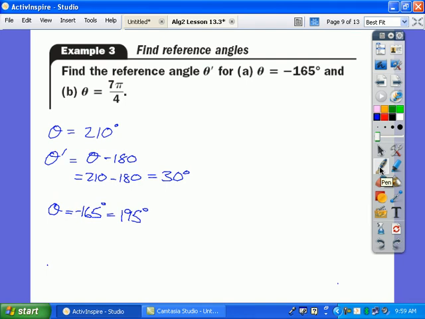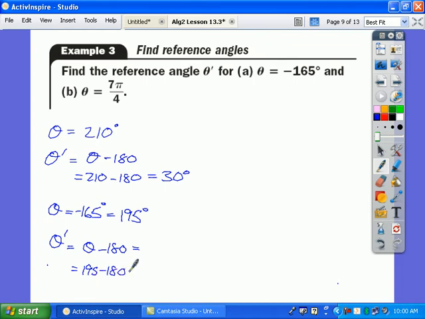It's in quadrant 3. So to find theta prime, which is our reference angle, I'm going to take theta, 195, minus 180. In this case, 195 minus 180 is 15.